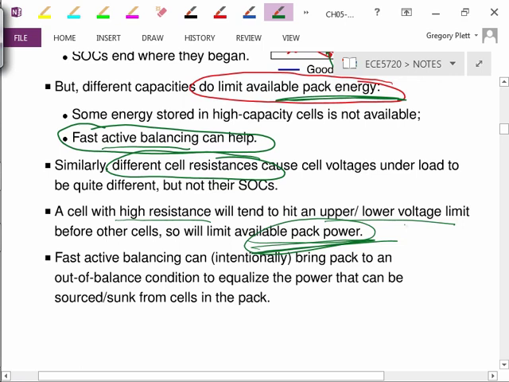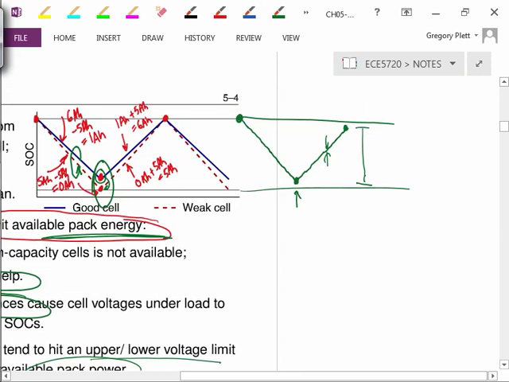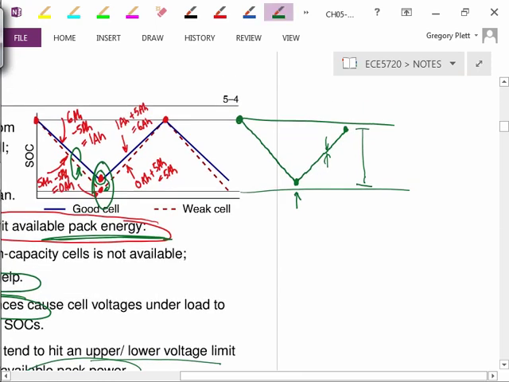And again, fast active balancing can help get more power out of a pack for longer by taking, in this case, the cell that has the higher resistance and biasing it towards a higher state of charge so that it will not hit the voltage limit as quickly, and so that both of these cells would then hit the voltage limit at the same time, and I could get closer then to this design limit.